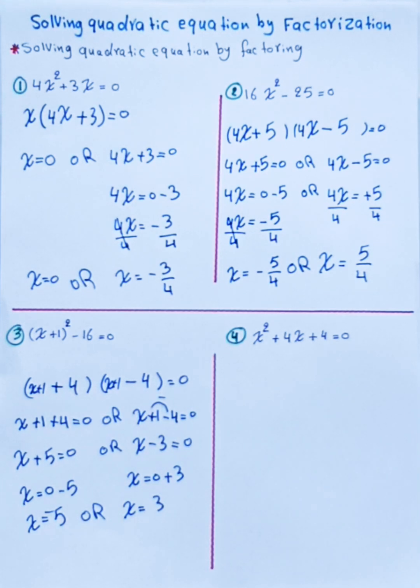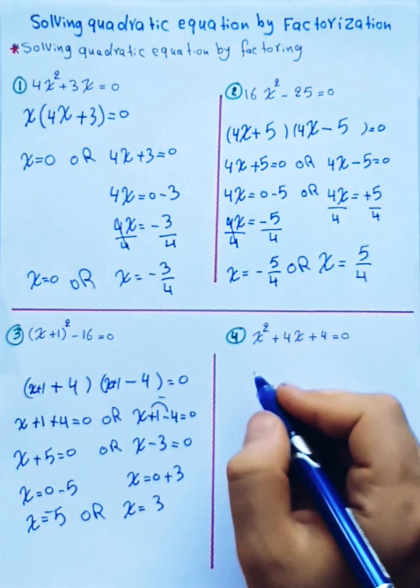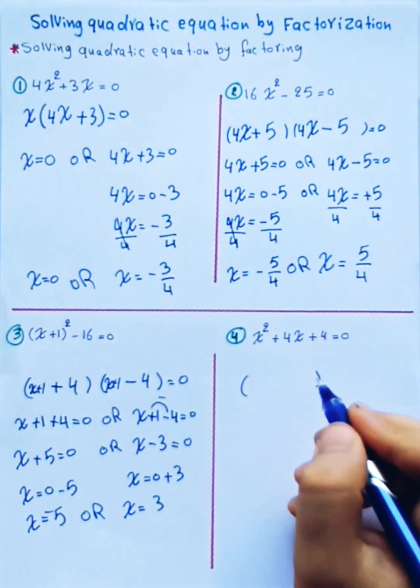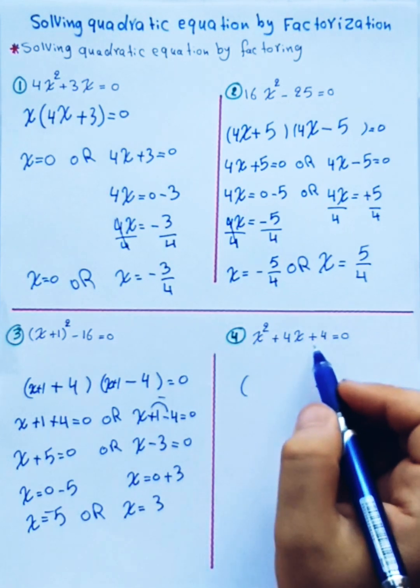Example number 4, x squared plus 4x plus 4 equal to 0. This equation is a perfect square, so we can write this expression as a perfect square. We can draw a parenthesis, and then the two signs are positive.